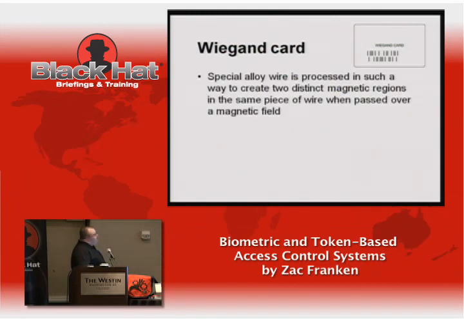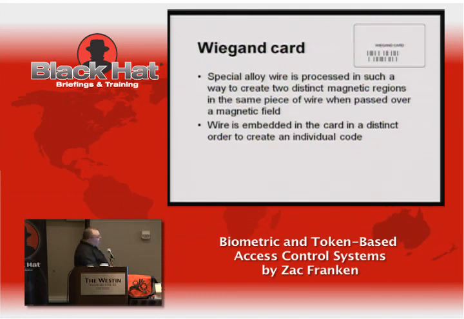So it has embedded in the card tiny strips of a special wire, and half of the wire is coaxial, and the wire is on the outside, I believe it's in tension, on the inside it's in compression.